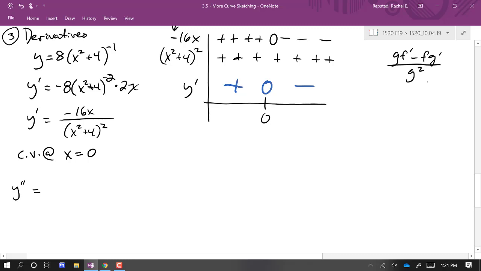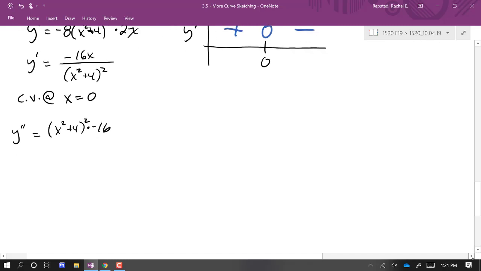So g f prime: that's x squared plus 4 squared, and f prime is negative 16, minus f, negative 16x, times g prime. The derivative of x squared plus 4 squared is 2 times x squared plus 4 to the first times 2x. And then this is all over g squared, so it's going to be all over x squared plus 4 to the fourth.